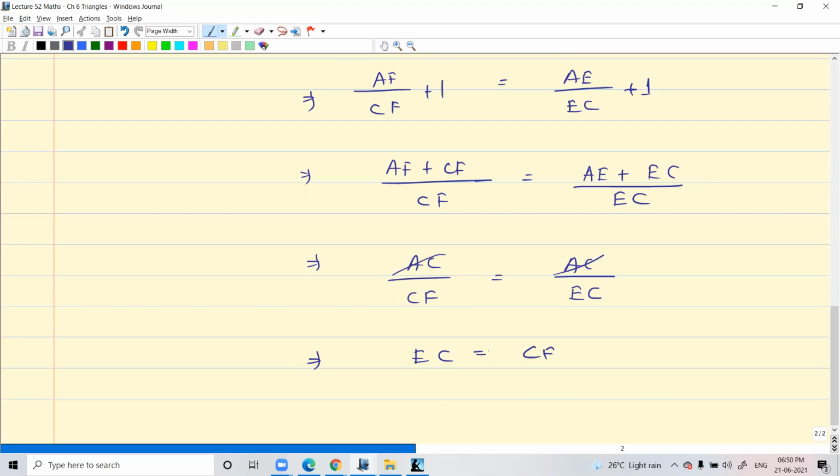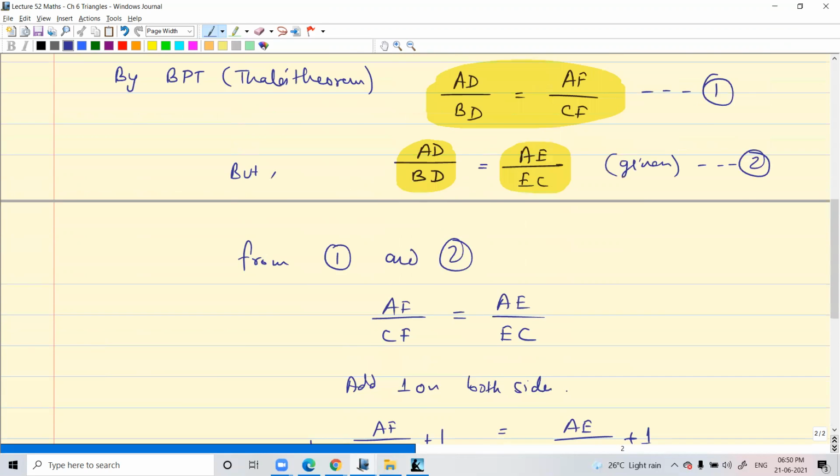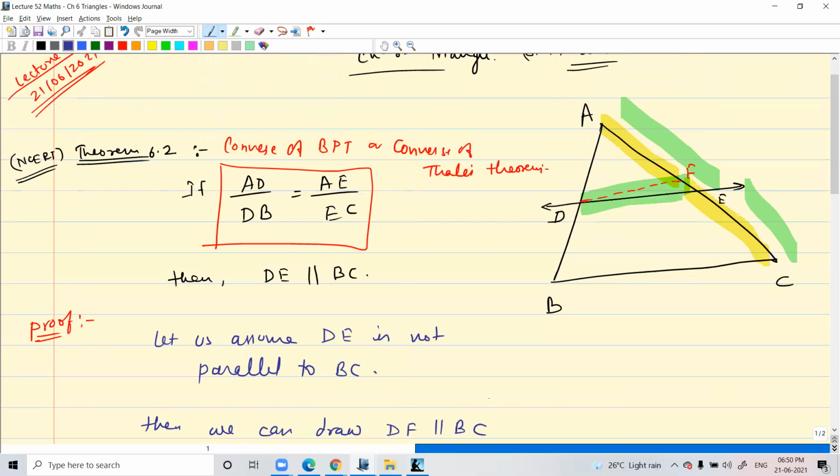EC is equal to CF. How is that possible? EC and CF both are the same. It's possible only when F and E both lie at the same point, correct? They cannot be away from each other.